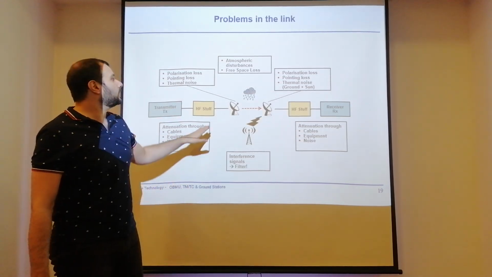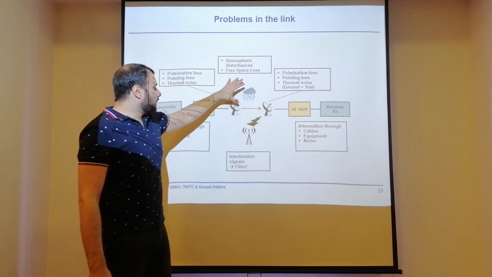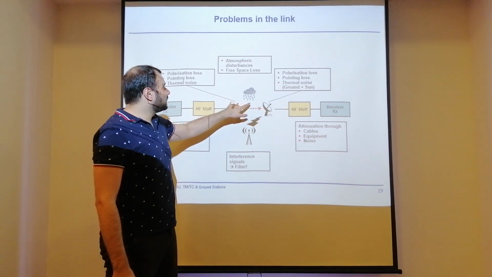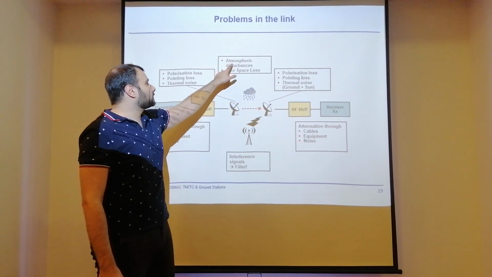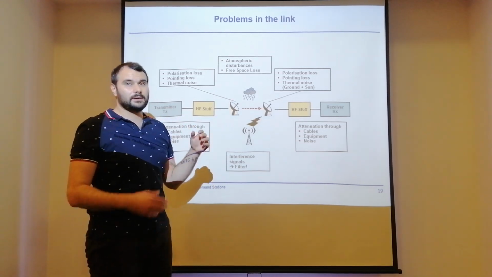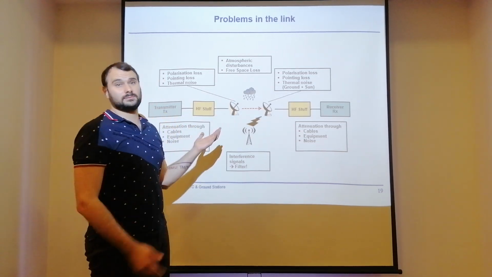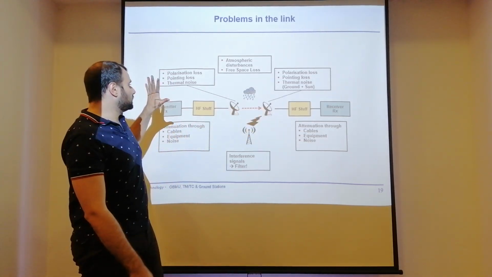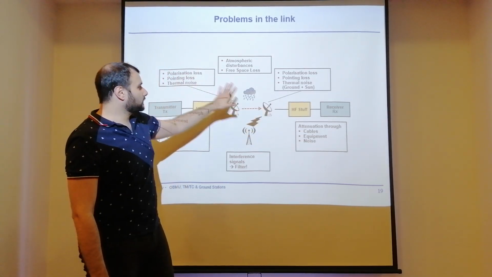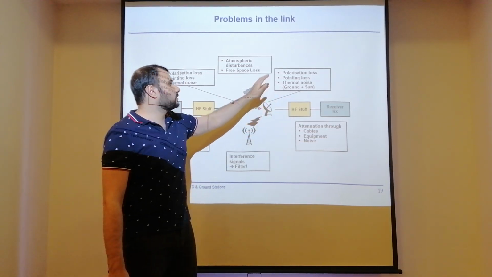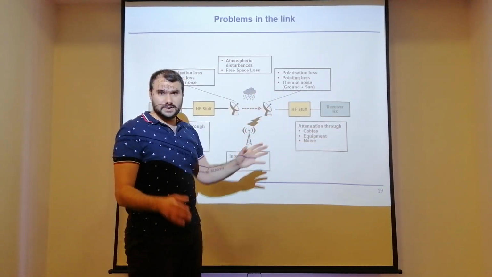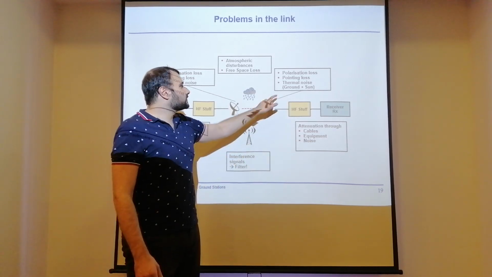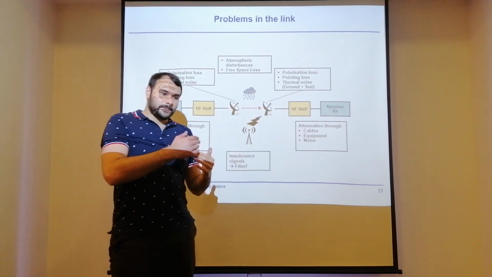Then we have our path, and there might be rain, for instance, so we have atmospheric disturbances, again on top of the free space loss we just saw there. And basically the same that applies to the satellite antenna also applies to the ground station antenna. When we have polarization loss, we can have a mispointing of the ground station, but also thermal noise.